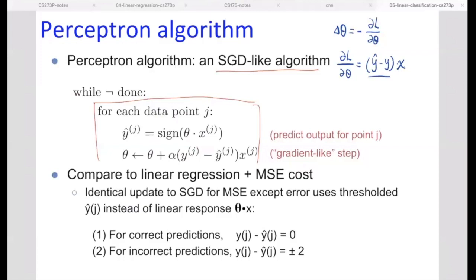This is a residual, and x is what we call a sensitivity parameter. Because the prediction is based on x times theta, the higher the x, the more sensitive it is to change in the underlying parameter theta. So the updated delta theta, in the end, will be y minus prediction times x. That came from the linear regression case.